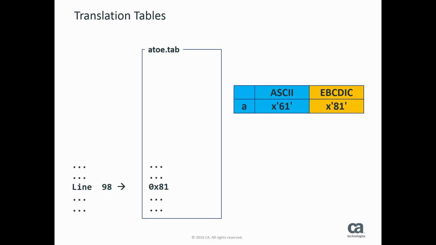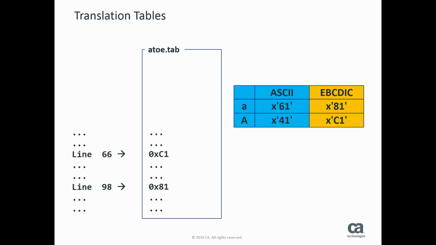As explained before, we need to add 1 and therefore have to look into line number 98 of the A2E.tab file. Into this line we enter the EBCDIC representation of lowercase a, which is hexadecimal 81. Following this concept, we fill all 256 lines of the translation table.